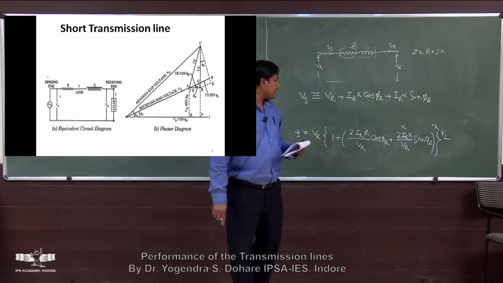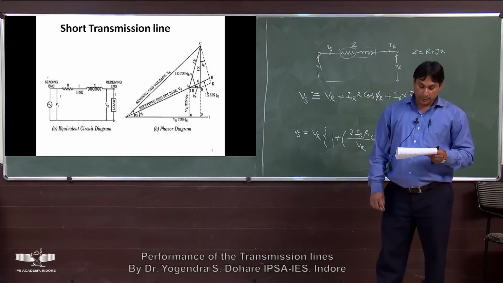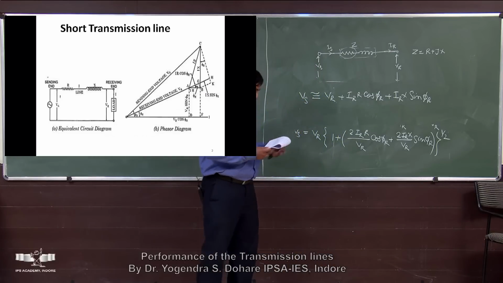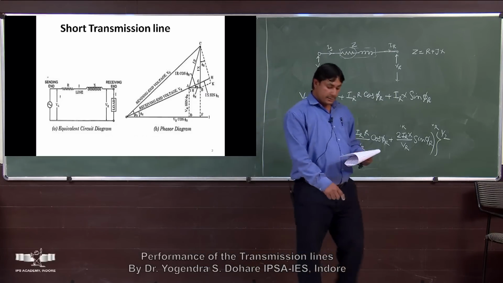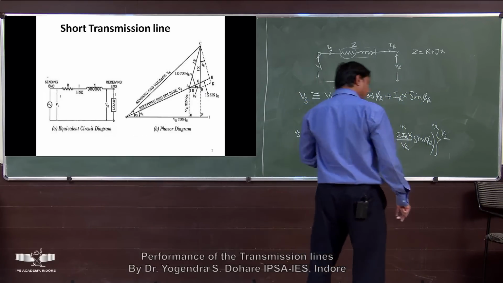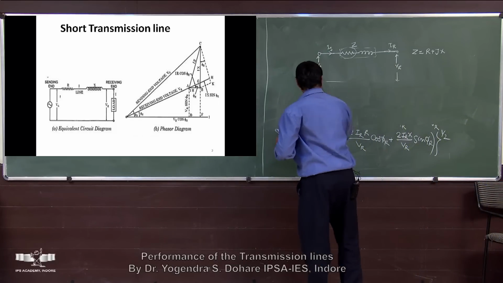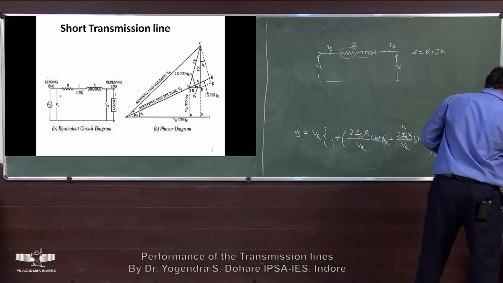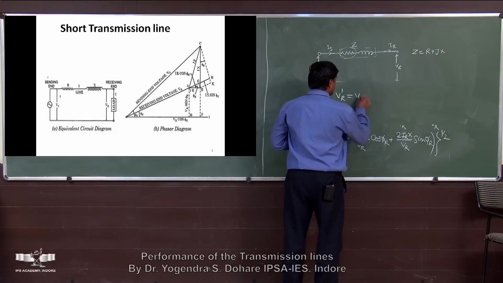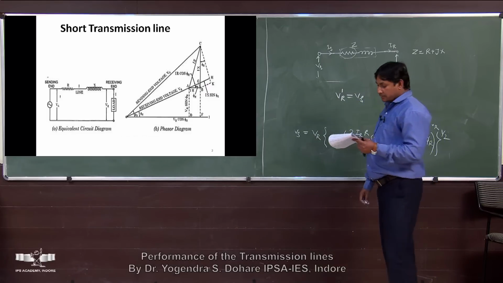Here Vs is the sending end voltage corresponding to a particular load current and power factor condition. It can be seen from the equivalent circuit of the short transmission line that under the no load condition, V dash R equal to Vs. Here V dash R is the no load voltage.